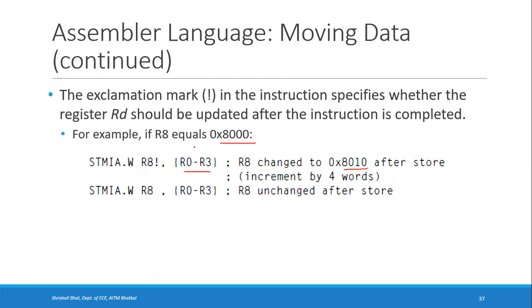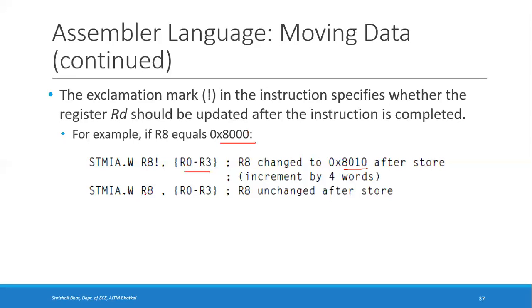R8 will be updated with 16, which in hexadecimal is 10H, so 8000 plus 10H, that is 8010H. Whereas if you do not use that exclamation sign, it will only store the contents of the registers into the memory location without updating the register. The register R8 will remain unchanged.